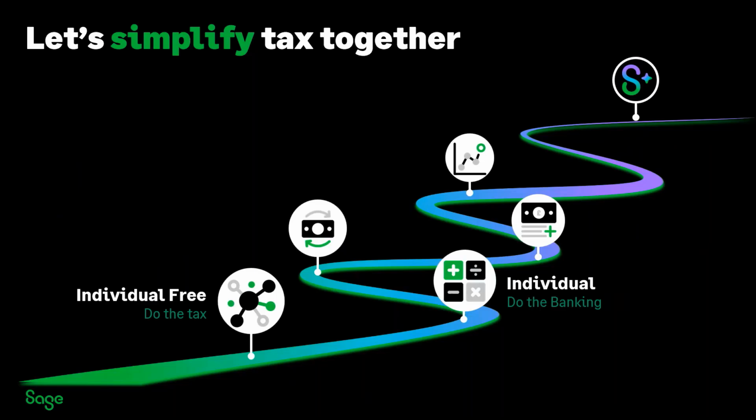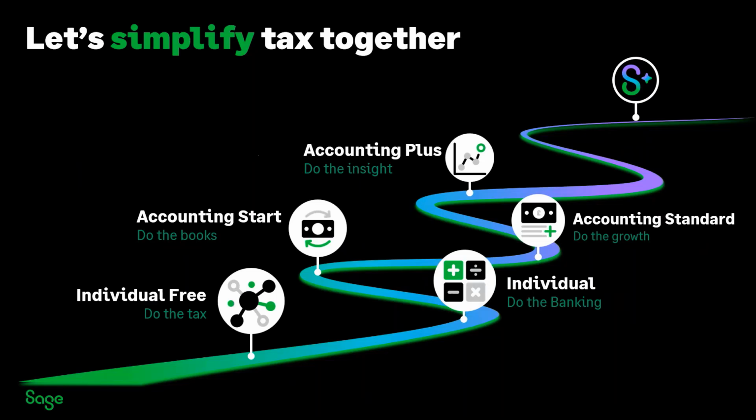So we've got Sage Accounting, which is Start, Standard, and Plus. We're not going to go into details on these again because there are so many features that you get access to the higher up you go. What you want to do is start looking for solutions with Sage, and these are your starting points. We have Sage Individual, so you get your free one and then your paid one. That does the basics.